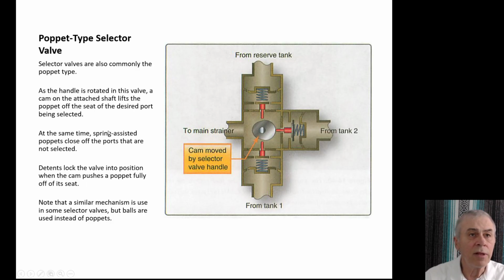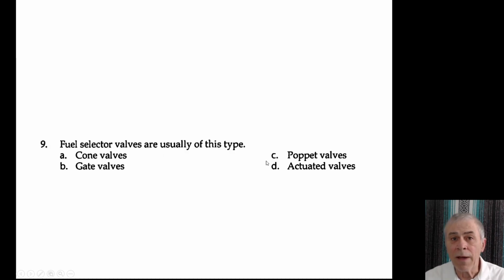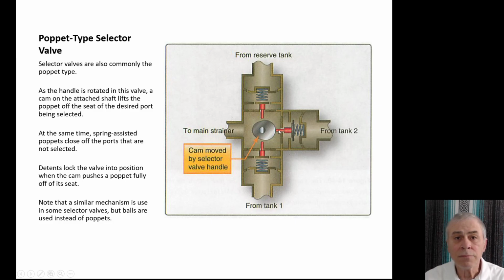So basically I'm showing this poppet type selector valve. Think of it as popping a little cover off its seat. And you can see the oblong cam is actually going around and opening up the different valves simultaneously.